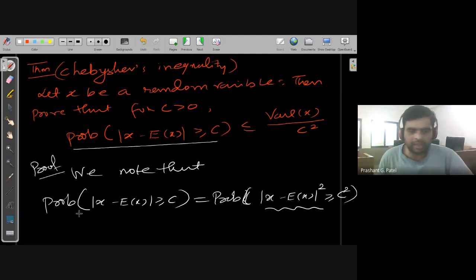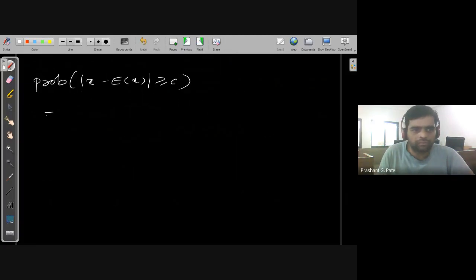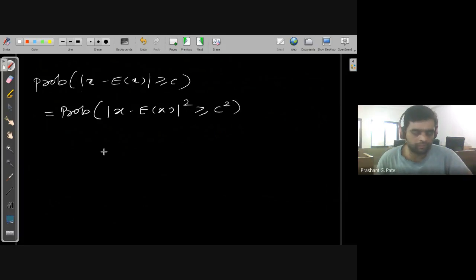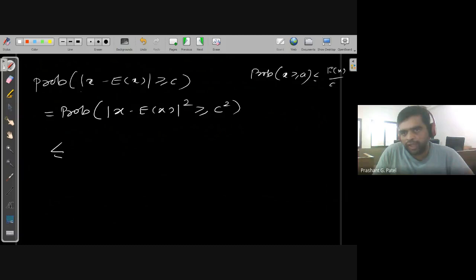And that probability is the same as this one. So that is equal to the probability of mod of X minus expected value of X whole square greater than or equal to c square. Now using Markov's inequality: what is Markov's inequality? Probability of X greater than or equal to a is less than or equal to expected value of X upon a.